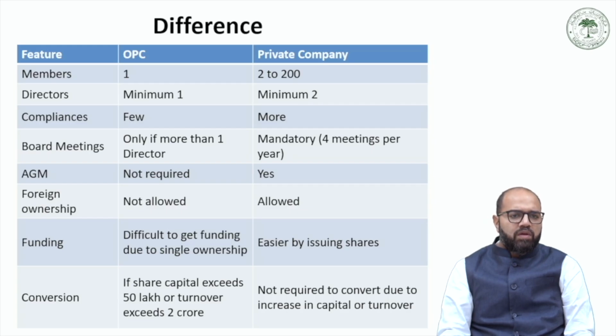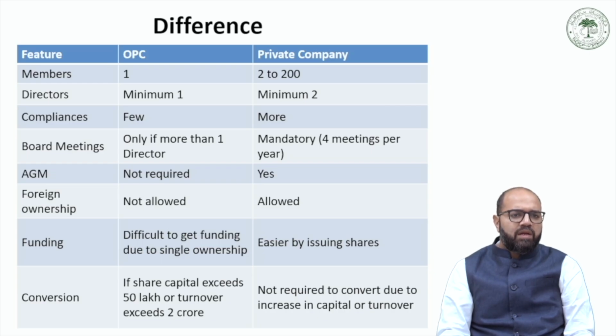Now, board meetings are required for an OPC only if there are more than 1 director, whereas for a private company, it has to have mandatory general meetings, at least 4 meetings per year.